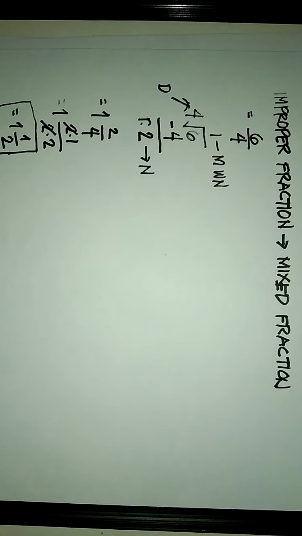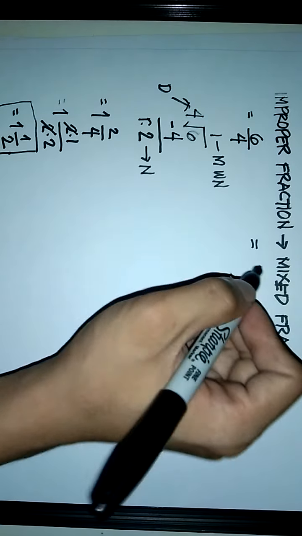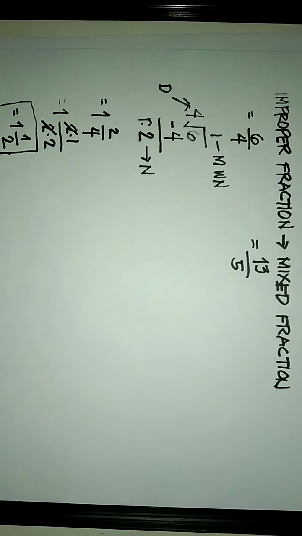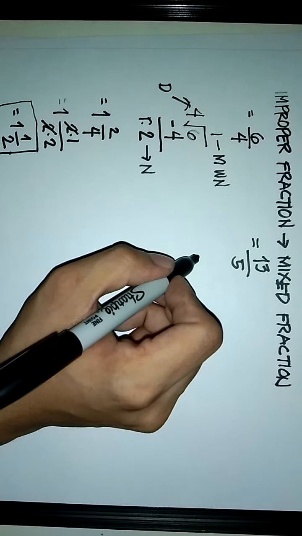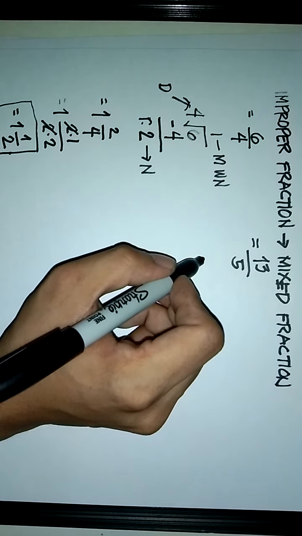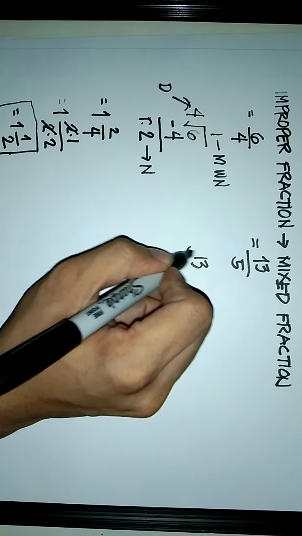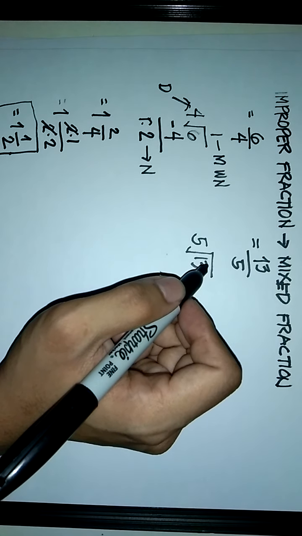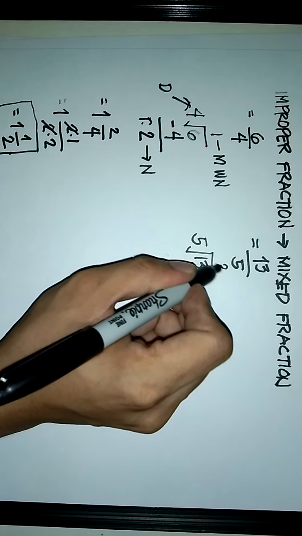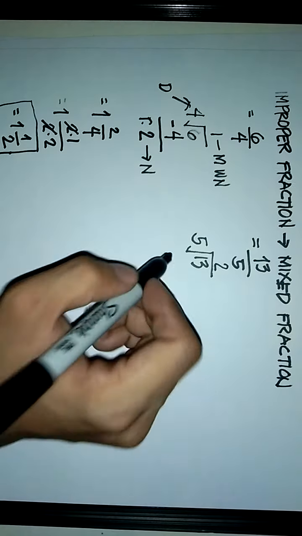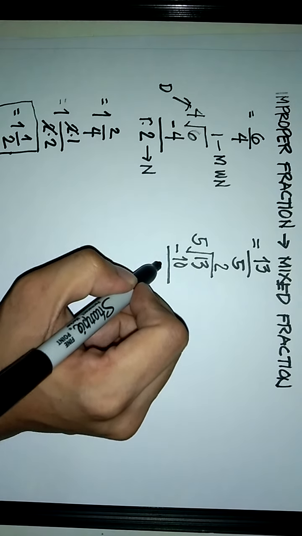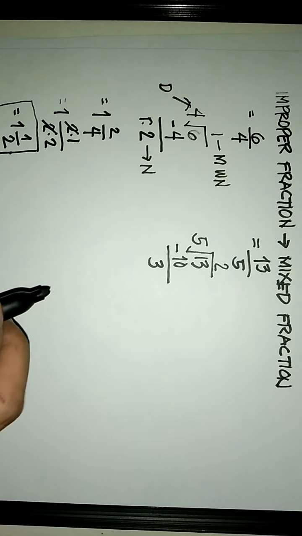Let's have another example. So what if we have 13/5? So paano ba yan kino-convert to mixed fraction? So let's have the long method. So we have 13 divide 5. So ilan bang 5 meron sa 13? Meron tayong dalawa. And 2 times 5 is 10. And 13 minus 10 is 3. Now, nasa remainder na tayo.